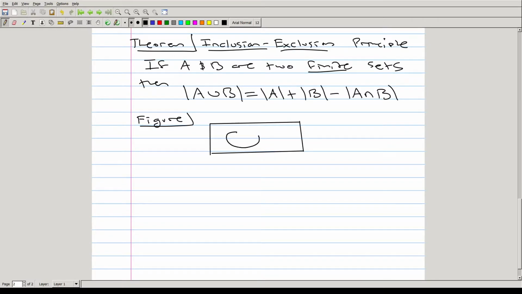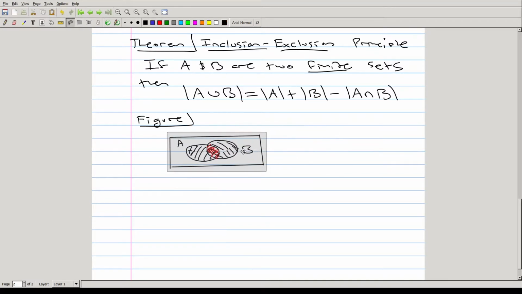This is saying that if you have a set A, and you have another general set B, the number of elements in A or B is the number of elements in A, which are all of these elements, plus the number of elements in B. The idea here is that if you add the number of elements in A and the number of elements in B, you're double counting all of the elements in the middle. So you have to subtract one time the number of elements in the middle to get the total number of elements.